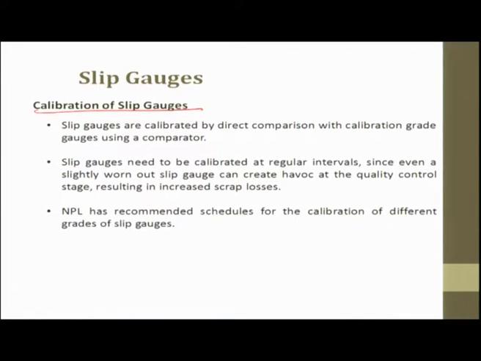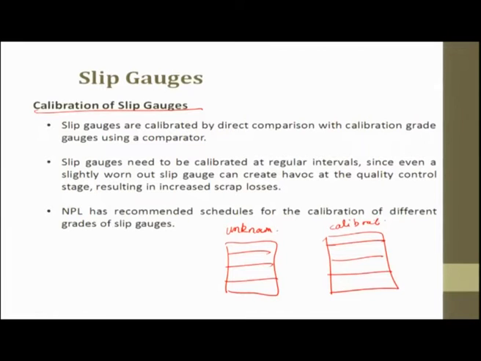Slip gauges are calibrated by direct comparison with a calibration grade gauge using a comparator. So, you have made your stack ready here, then you have the calibrated grade, and between these two they put a comparator.